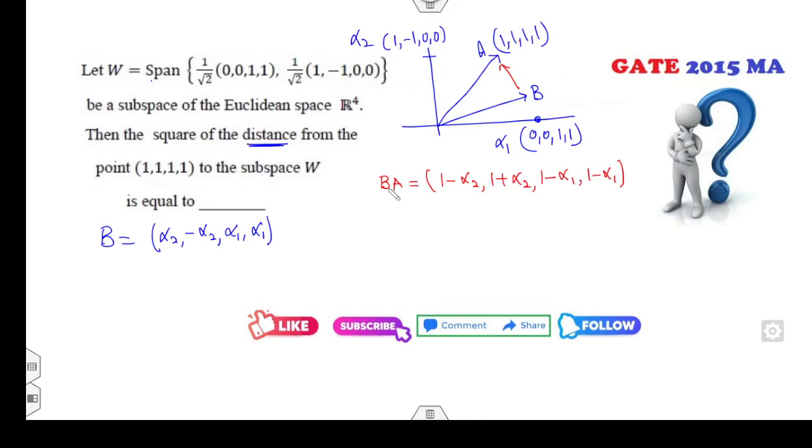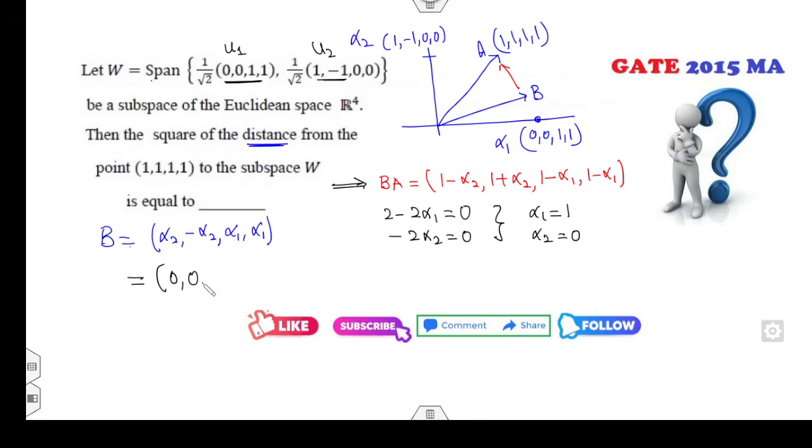Now you can choose the alpha 1 and alpha 2 in such a way the given vector BA is orthogonal to u1 u2. तो कितना हो जाएगा फर्स्ट वेक्टर, 2 minus 2 alpha 1 is 0 and it will be minus 2 alpha 2 is equal to 0. तो यहां से क्या मिल गया आपको, alpha 1 will be 1 alpha 2 will be 0. तो आपका वेक्टर B क्या हो गया, 0 0 1 1.